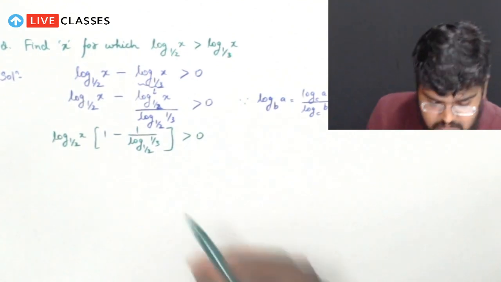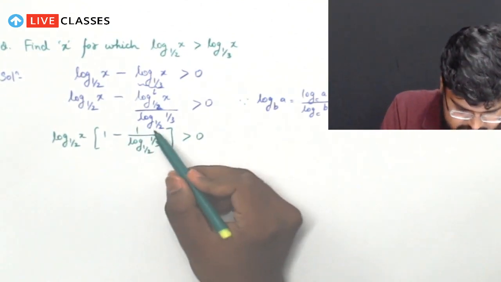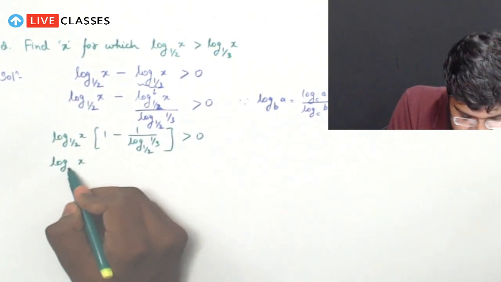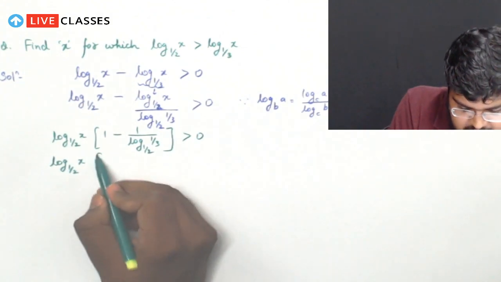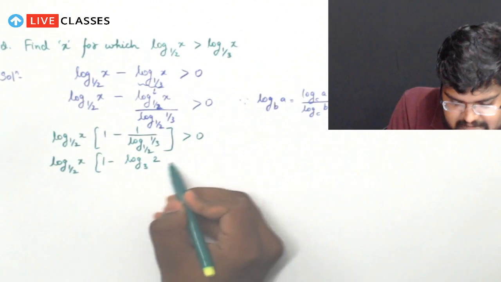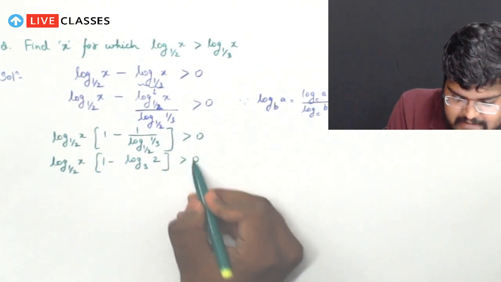What I can now do is simplify this equation further. Upon simplification, we are going to get log of x to the base 1 by 2 times 1 minus log of 2 to the base 3 as greater than 0.